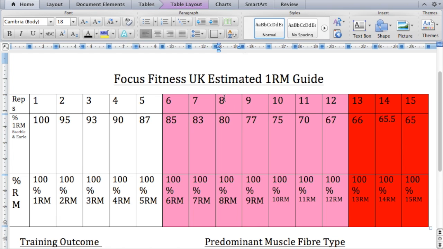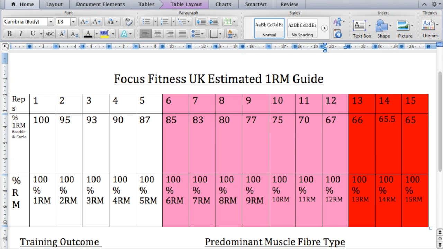If I want to work at 8 repetitions, it should be at 80% of the 1 repetition max. If I wanted to work my client on forced repetitions, and they were going to do 12 repetitions, I'm unable to write 67% of the 1 rep max, because that is a weight that the client could lift without any help from me.